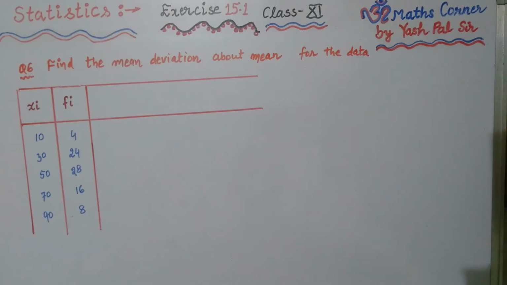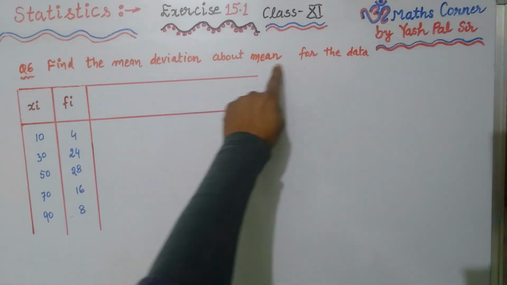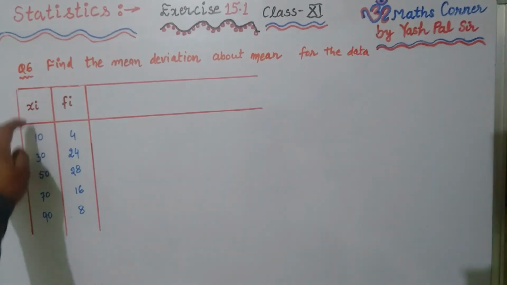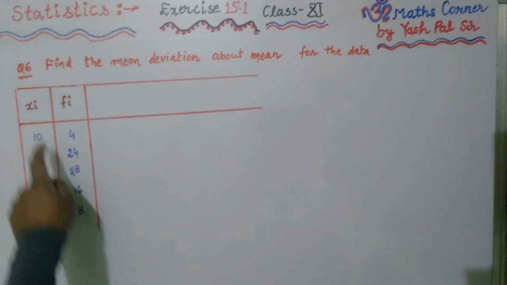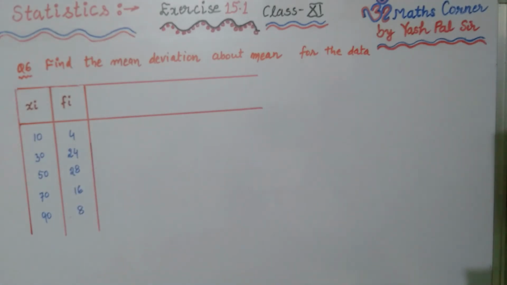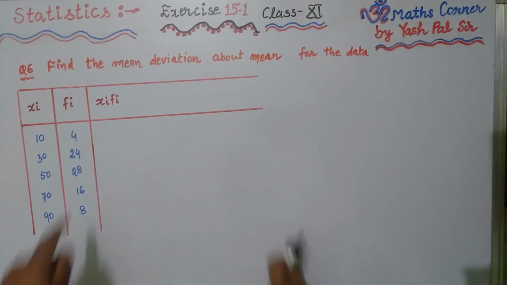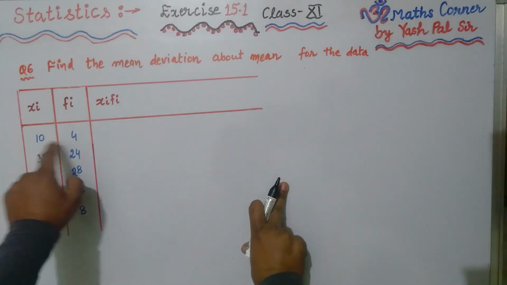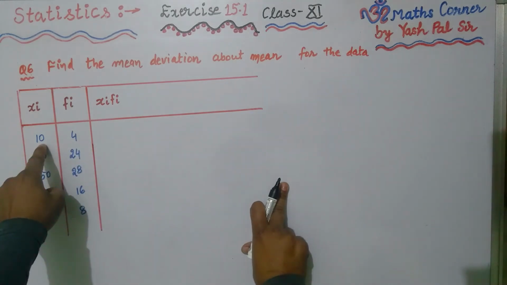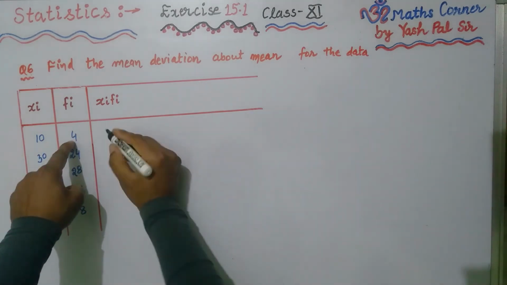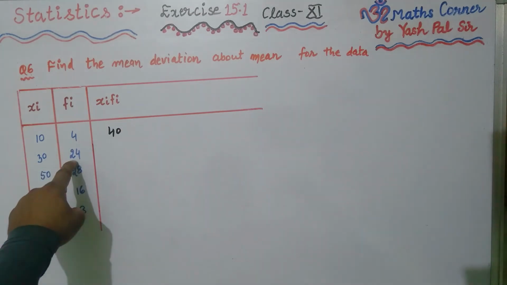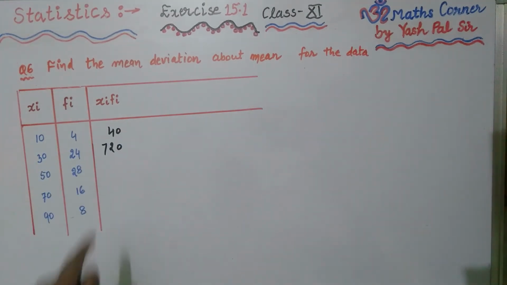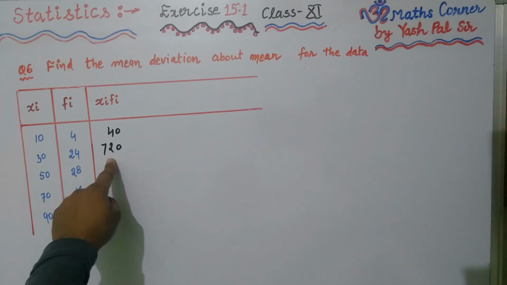Question number 6. Find the mean deviation about mean for the data xi, which is given, and fi, which is given. First of all we find xi into fi, that is, the corresponding products. For example, 10 into 4 is equal to 40, 30 into 24 is equal to 720, like this.